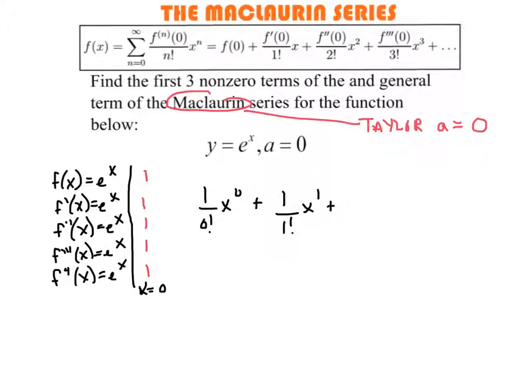Second derivative over 2 factorial, x to the second. Remember, those all agree. The second derivative goes with x to the second power over 2 factorial. They always agree. Third derivative, 3 factorial, x to the third. Fourth derivative, 4 factorial, x to the fourth.